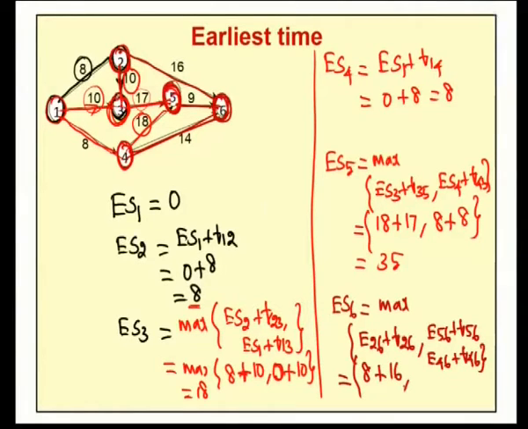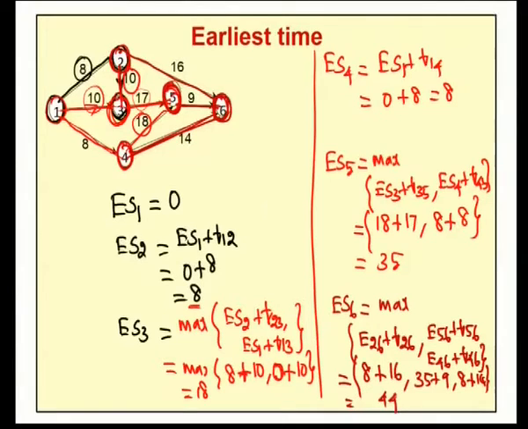For the activity 5 to 6, ES5 is 35, so 35 plus the normal time 9. If we consider the incoming activity 4 to 6, then ES4 is 8, so 8 plus T46 is 14. Among these three, the maximum is 44.